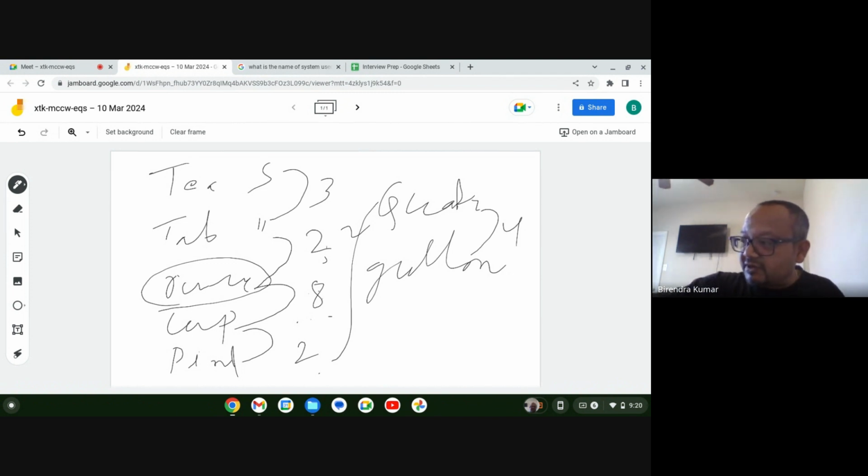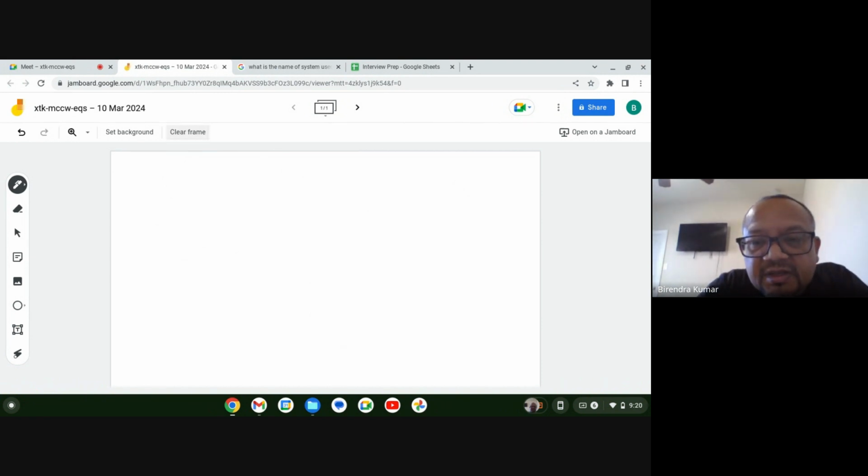Now I also need to remember this, otherwise this is not right. So let's look at it one more time. Teaspoon is smallest. Tablespoon is after this. Then comes ounce.